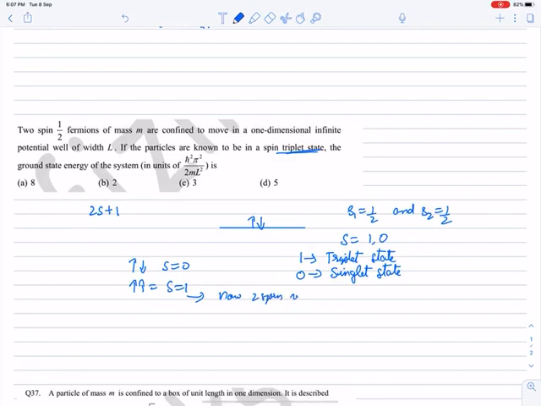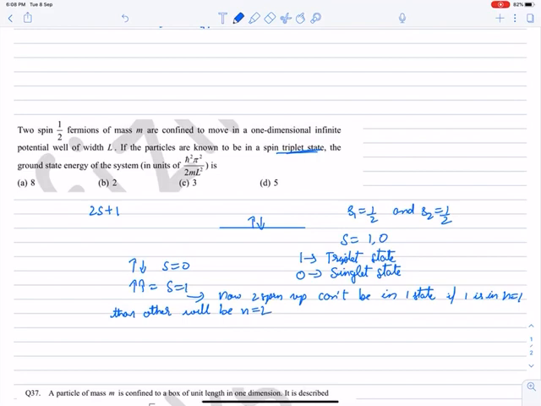But now two spin up electrons can't be in one state. If one is in n is equal to 1, then the other will be in n is equal to 2.